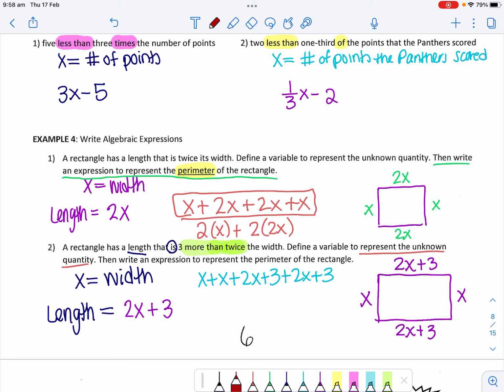I'm adding all 4 sides together because I'm looking for the perimeter of the rectangle. The order that you add things in does not matter as long as you have all 4 sides. We could also write it in this multiplication way. So 2 times x plus 2 times 2x plus 3, but many of us are not going to pick that option. We're going to choose the one where we're adding all of the sides together.